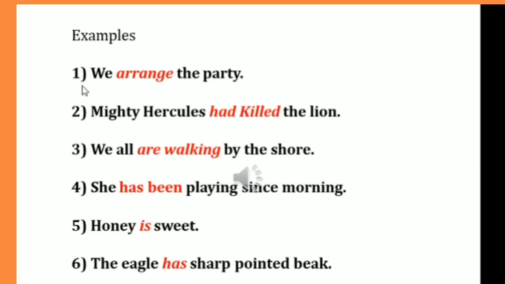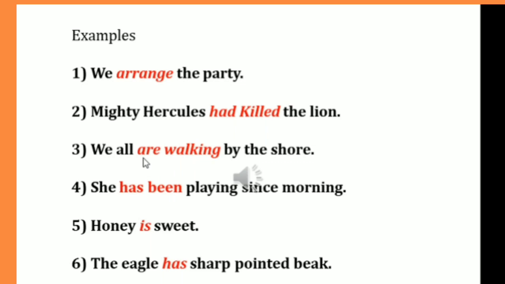When it comes alone, that's okay, it is the verb. But when it comes along with some auxiliary verbs, then that auxiliary verb should also be included in the verb phrase. As in the second sentence, had killed: had is auxiliary, killed is the past participle of kill, so the verb phrase is had killed.